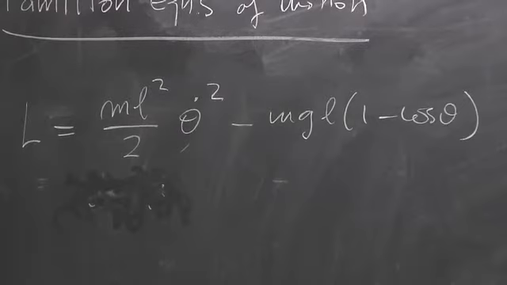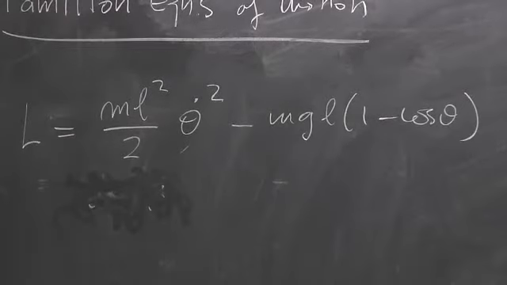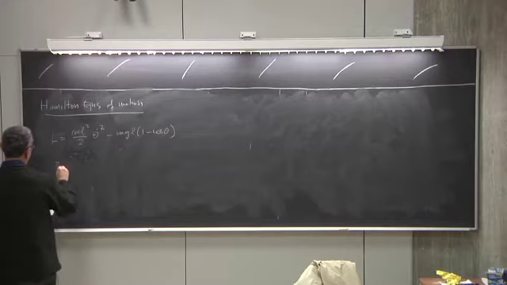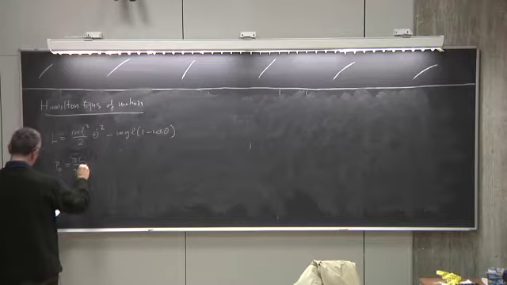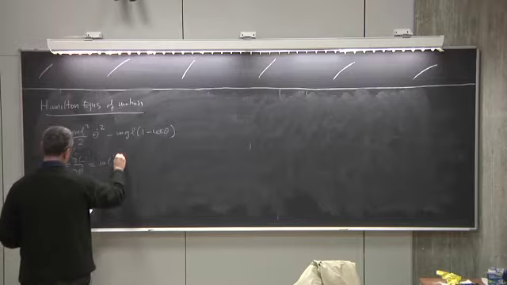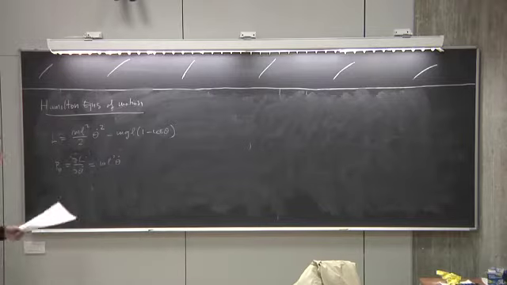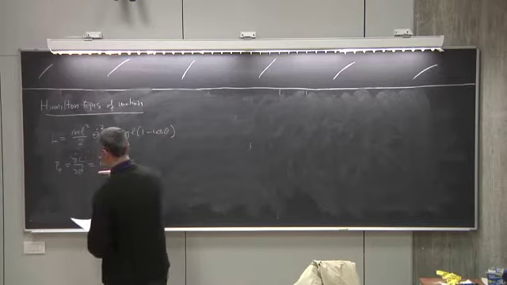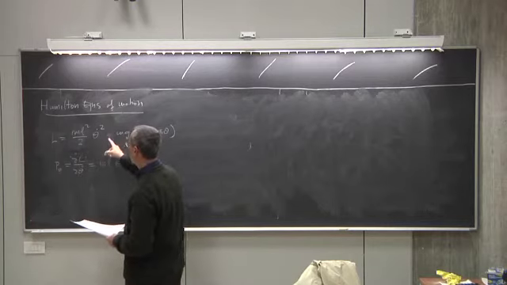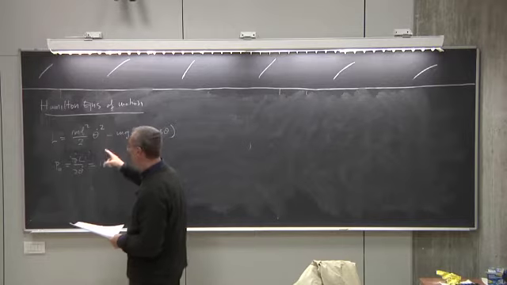So this is a system with just 1 degree of freedom. So I only have one momentum, the p theta, that again is just dL/d theta dot. So what is it? Just this, m l squared theta dot. Let's write the energy for this. You just change the sign here.